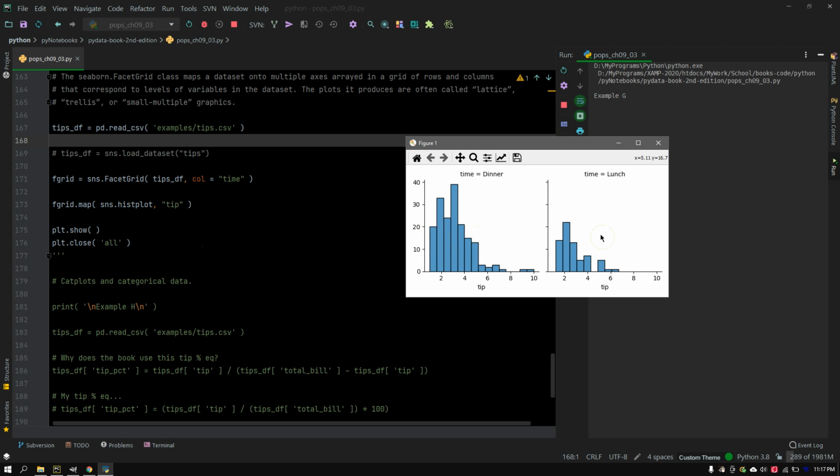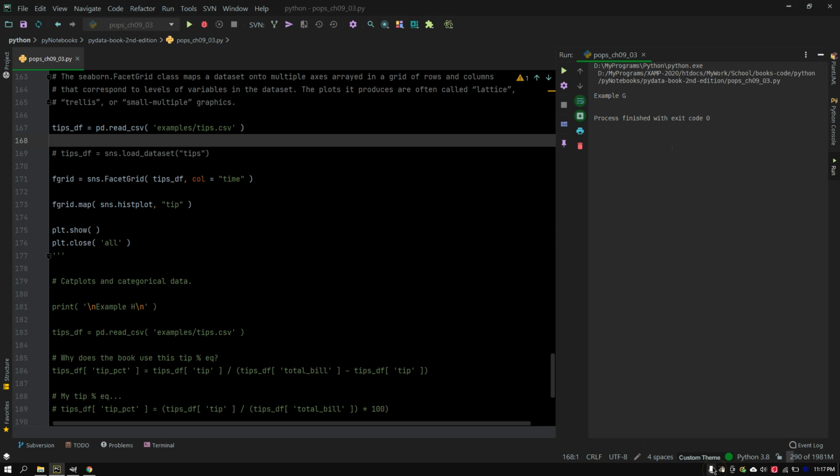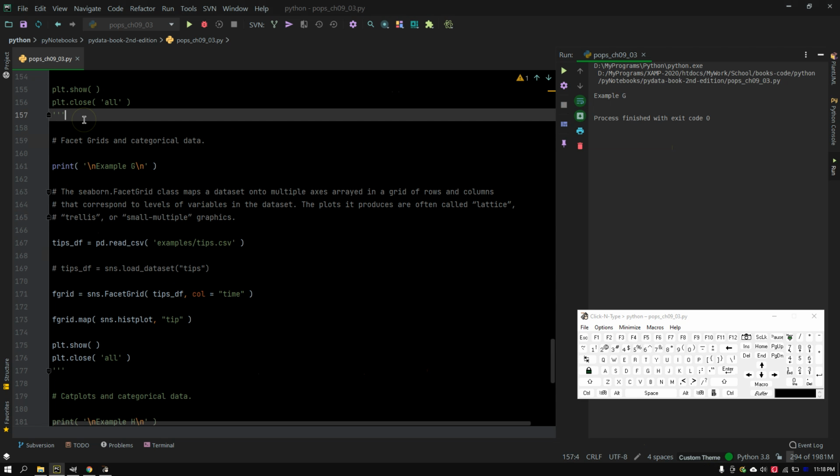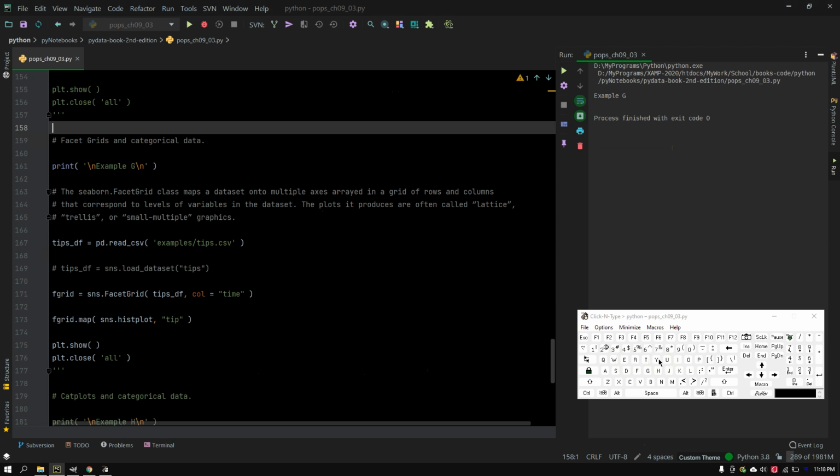It created two subplots with the same x on both. I guess that's percentage. I don't know. You tell me. I just work here. Alright, moving on.